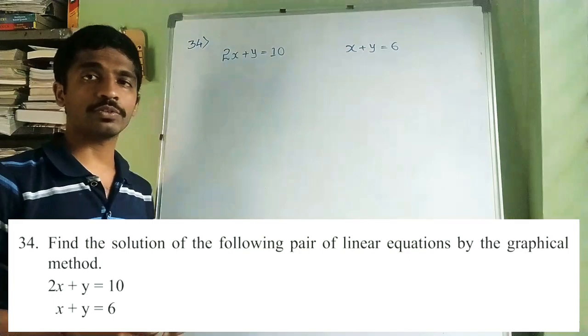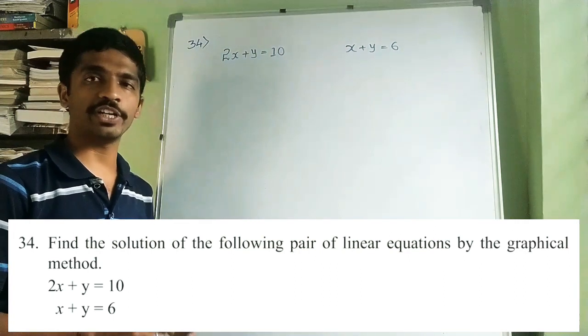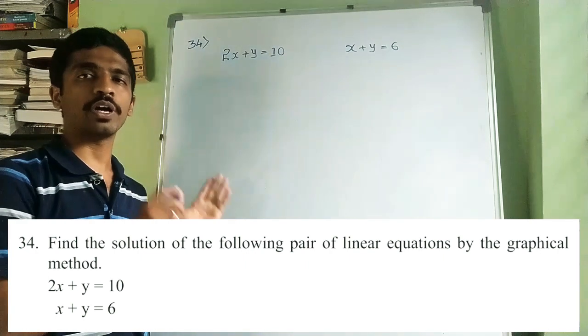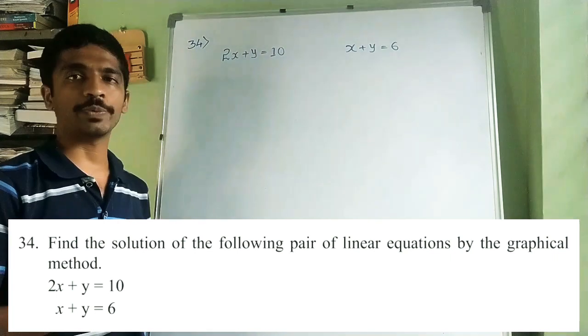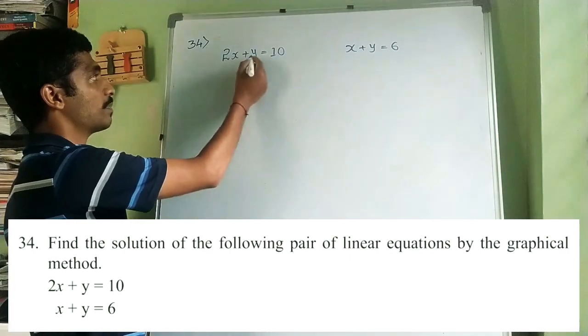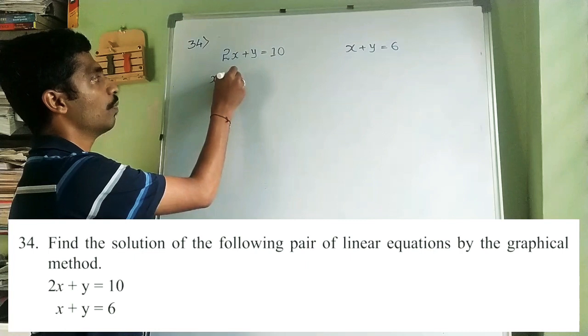Now 34th question. So here we have to solve the given pair of linear equation by graphically. So if you want to plot the graph, first we have to do the solution table for both equations. At least 2 solutions we have to write. So first one, 2x plus y equal to 10 is there. So here I will take x equal to 1.